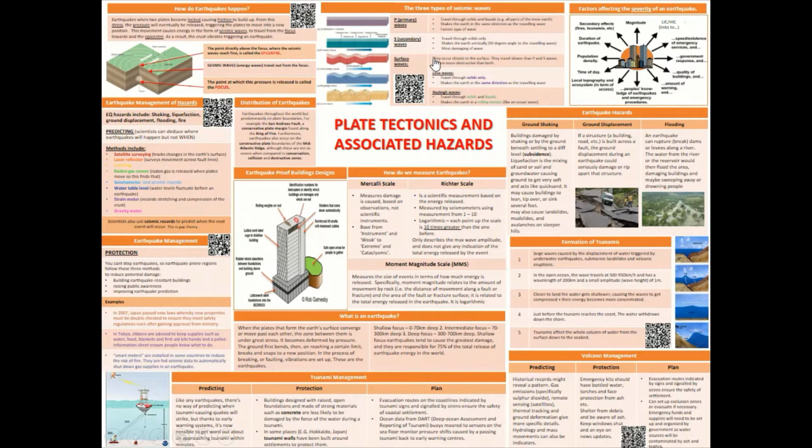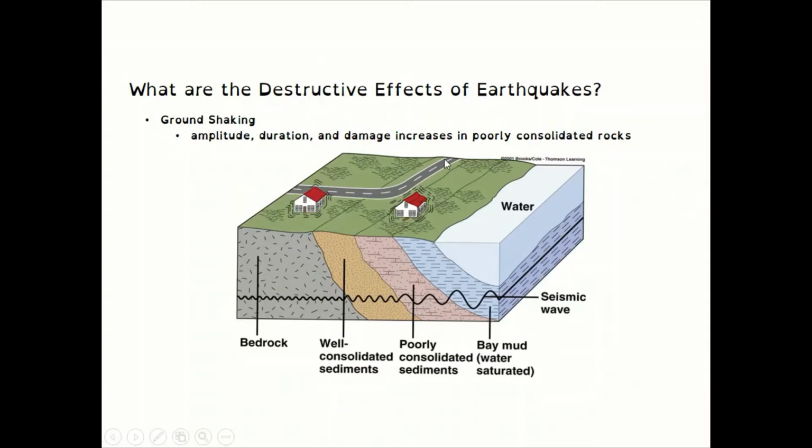And obviously, those can lead to different types of hazards. So we have lots of different destructive effects. Now, this is really important for Haiti, which we'll come on to in the case studies later on. The amplitude of waves depends on what they're made out of.